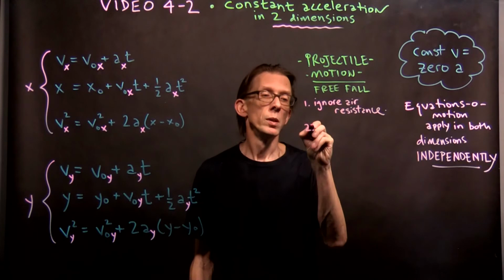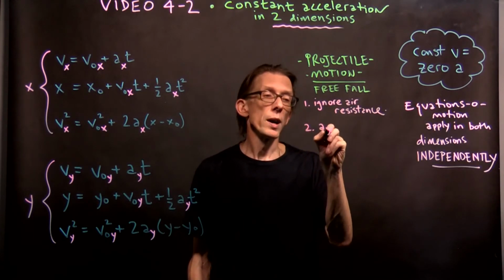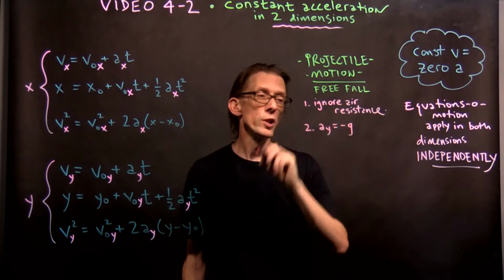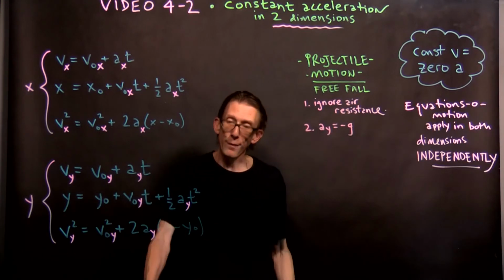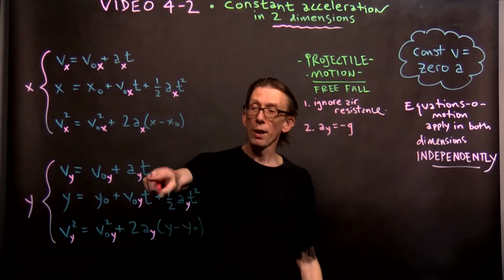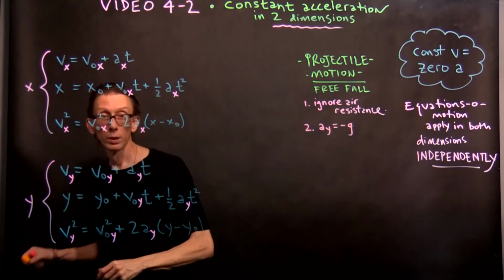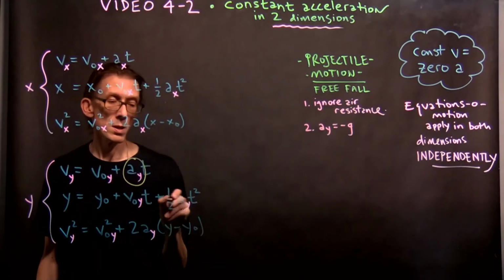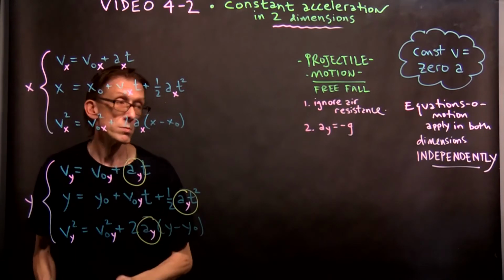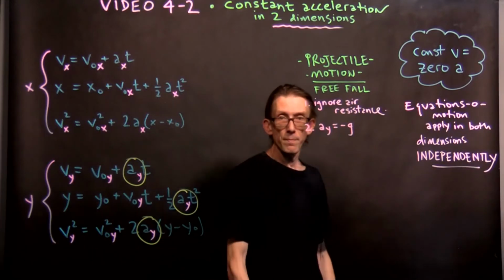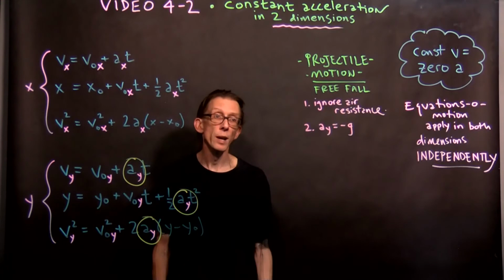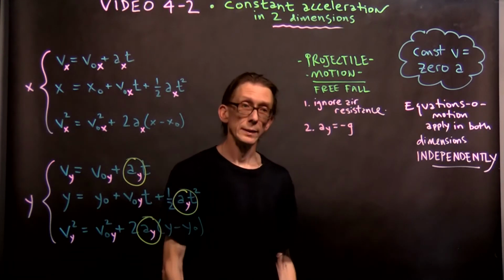Number two, the acceleration in the y direction is minus g. So everywhere you see an a sub y, we're going to put in a minus g. Minus g is going to go here, and here, and here.